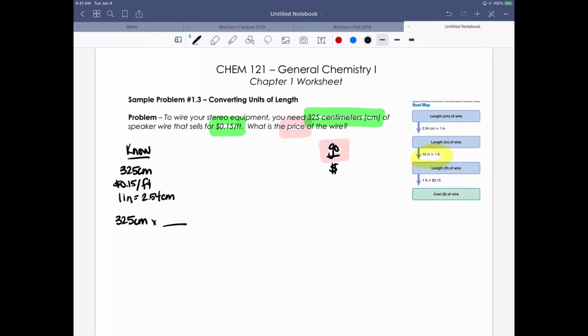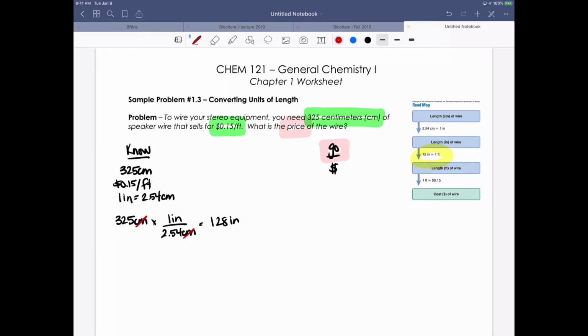If we wanted to convert that centimeters into inches, I could use the relationship that 1 inch is equal to 2.54 centimeters. And just to highlight here, when we have problems like this, any unit that's in the numerator can cancel out with a unit in the denominator. So that lets me know how I want to use this inch to centimeter conversion factor.